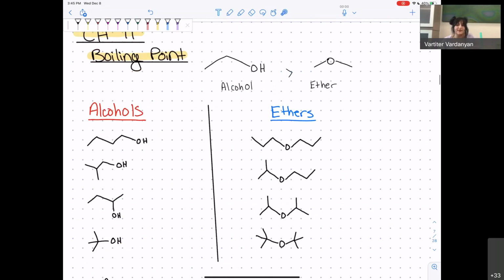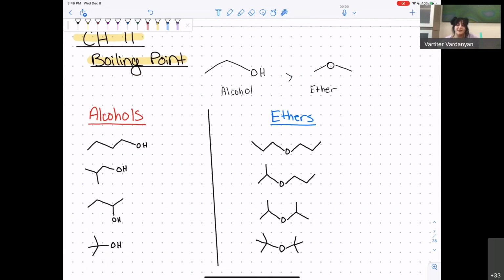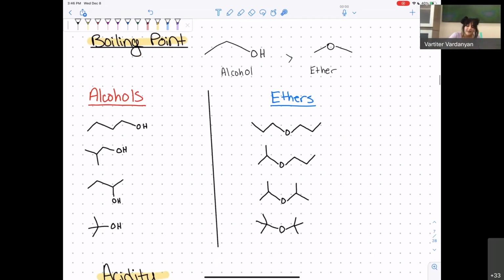Chapter 11 was one of those annoying chapters. First we're going to talk about physical properties. So boiling point. Alcohols have a higher boiling point than ethers do. That's what that arrow means. And the higher the boiling point, the fewer branches.